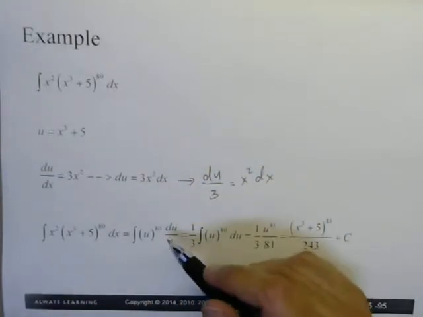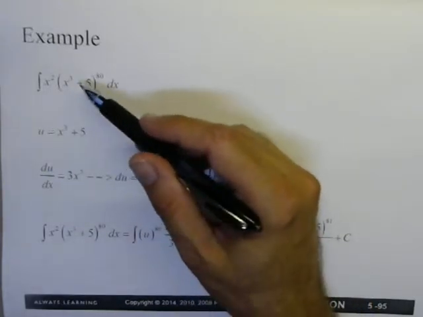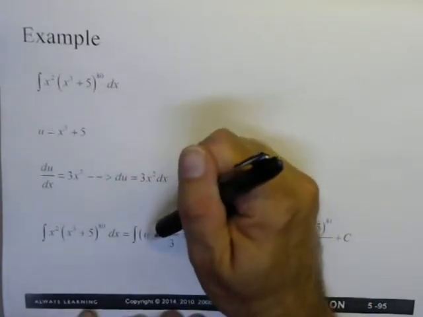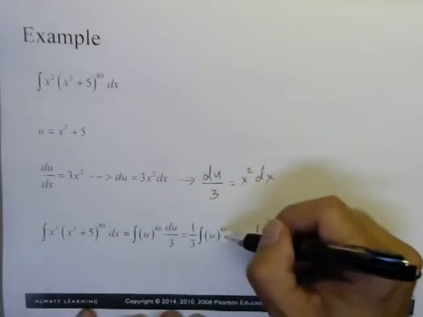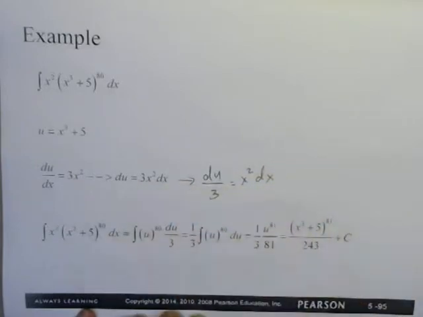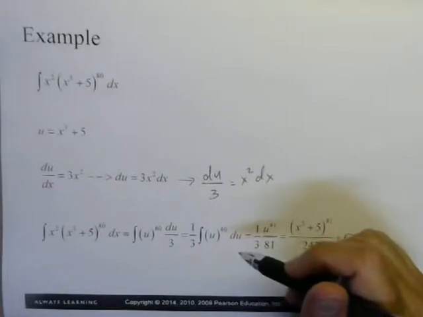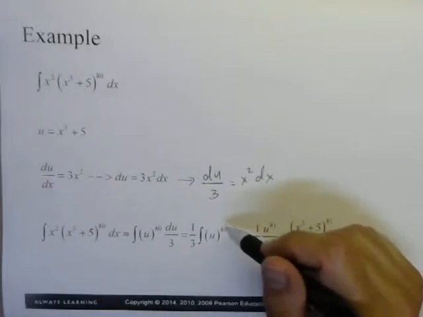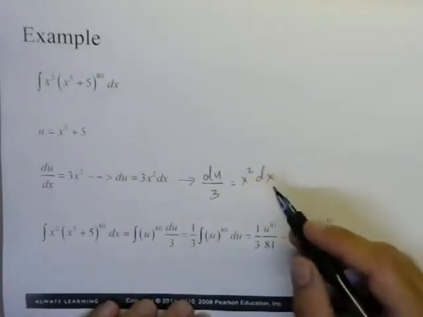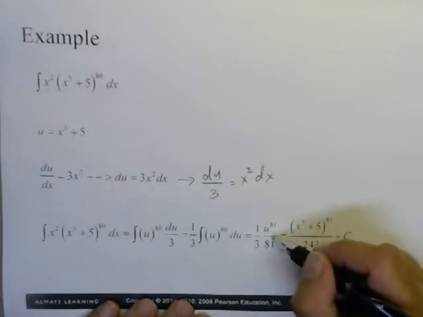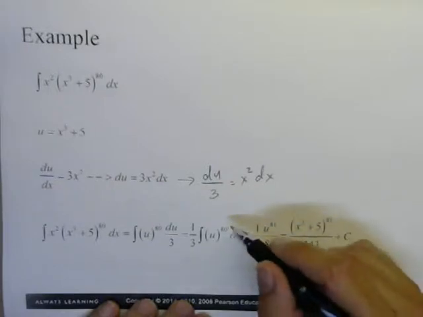So I'll replace that with du over 3, and then the x cubed plus 5, I'll replace with u, right? Ultimately what you want is for this integral to be easier than the one you started with. If it's not, you've probably done something wrong. So this is a lot easier to integrate. For u to the 81, you just raise the power by 1 and divide by the same thing.